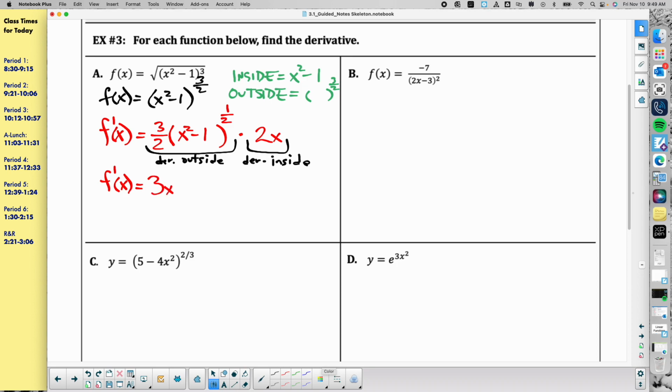Would we do the power first? Like 1/2? What do you mean? Like, multiply that by x squared minus 1. Got you, no. I'll write something over here, but I'll erase it. If we had things multiplied on the inside, and we had a power, then you can put the power on each.